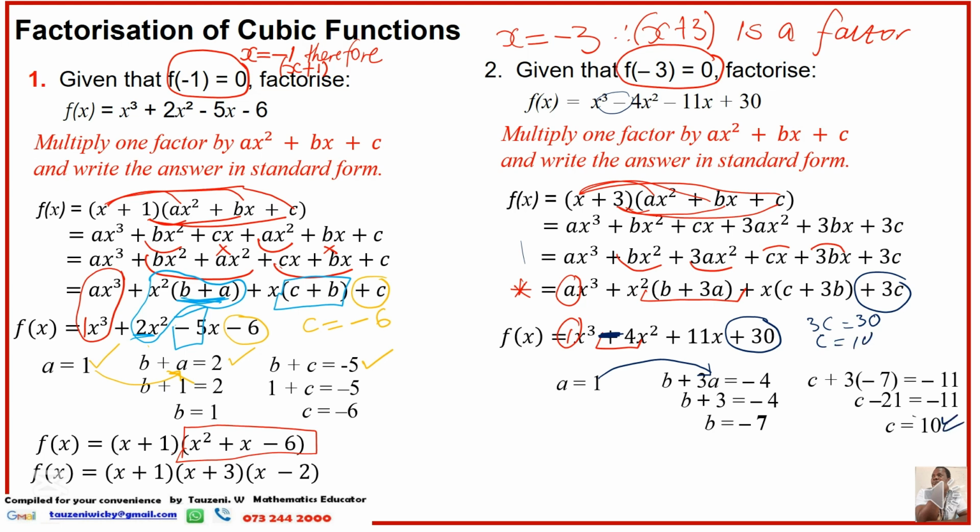And if you divide both sides by 3, you get c is equal to 10, which is the same 10 that we have here. Now we have our expression. The values of a, b, and c are calculated. You put them in brackets and factorize the quadratic part of this expression to complete your factorization. Then we can say the cubic function has been factorized.